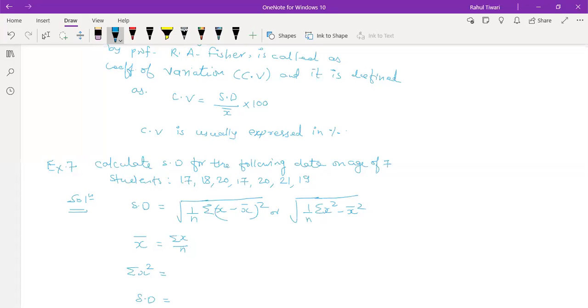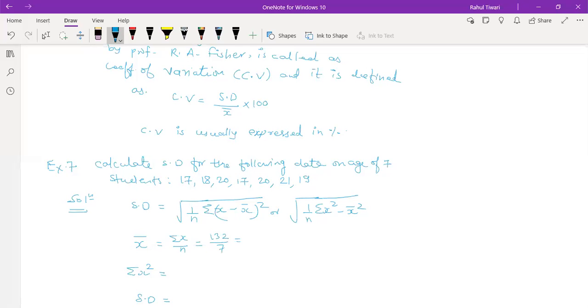Yes, students, what is your mean, x bar? Anyone calculated? What is summation of x? Summation of x is coming 132. 132 by n, which is 7.